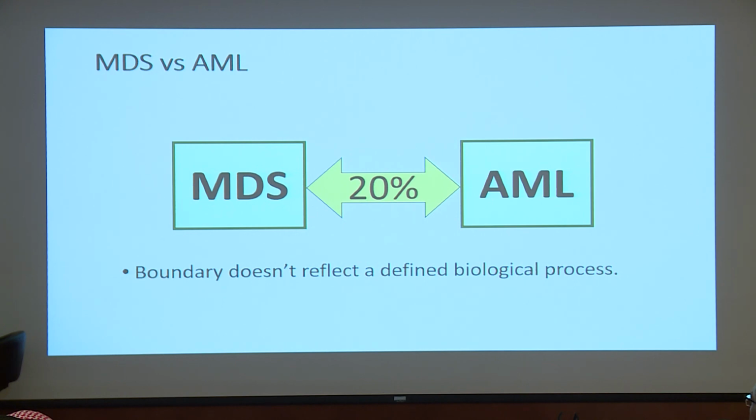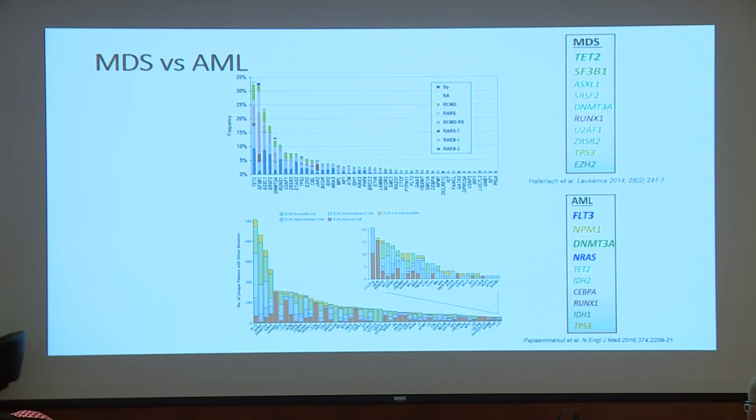But again, how can we help the physician make his decision, because he wants to start treating a patient as AML or as MDS, and he has a lot of plans, especially when the blast count reaches only 18% or 19%? One of the important things we can do is to look at the gene mutation distribution between these two diseases.